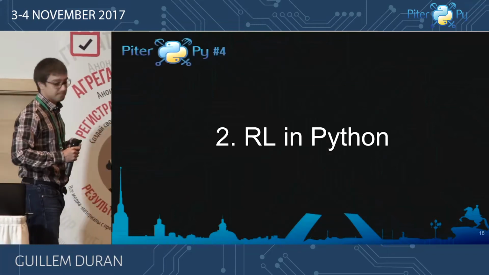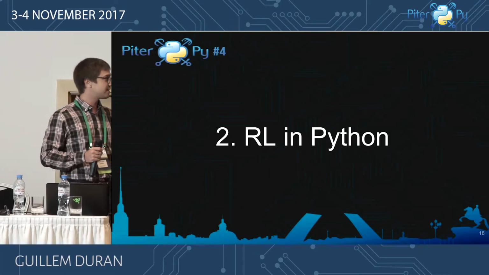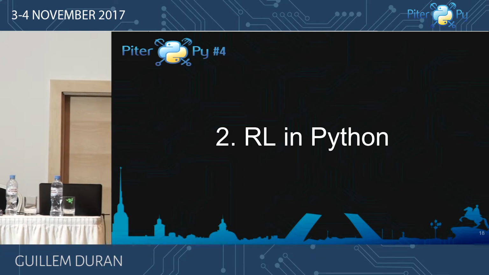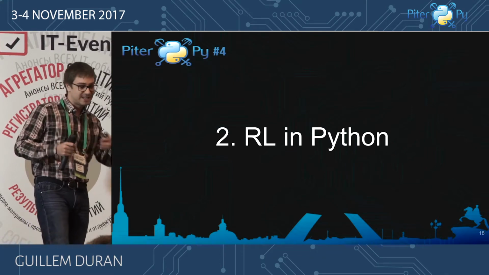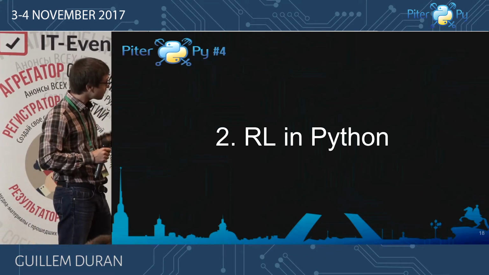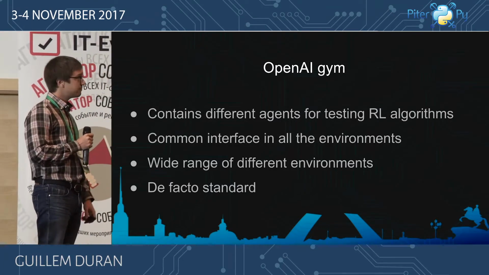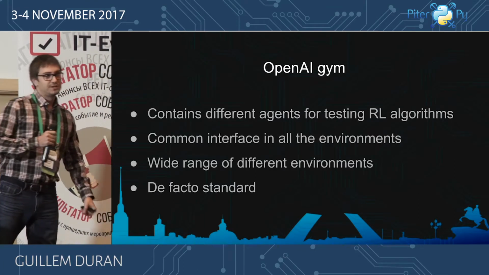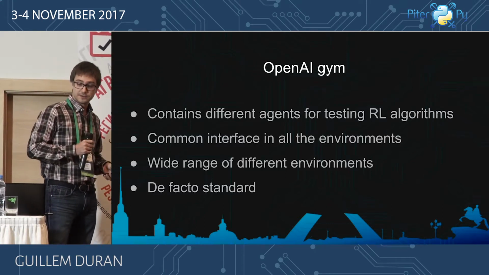But before we keep talking about neural networks, first I want to show you what kind of environments you could solve in Python besides the video game Rick. First, let's talk about OpenAI Gym, which is the most famous library for reinforcement learning algorithms in Python.